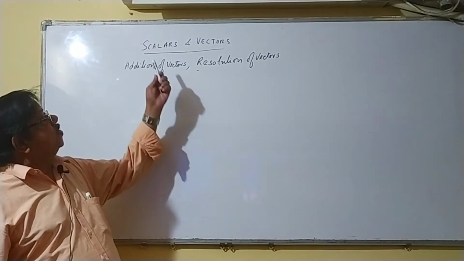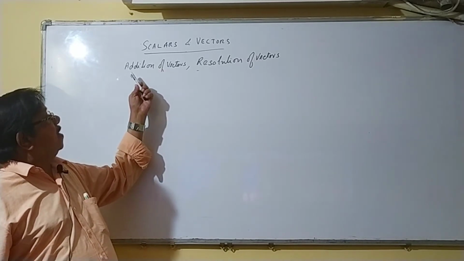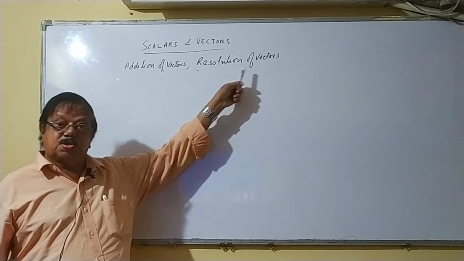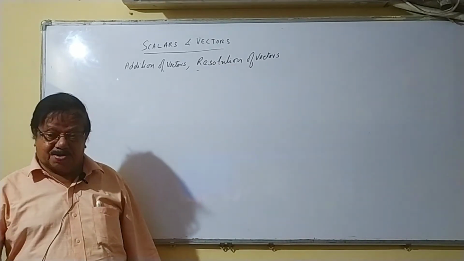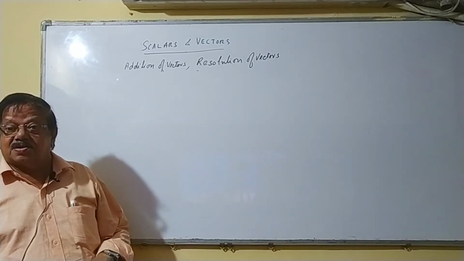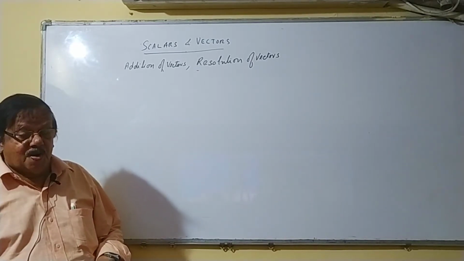Today we will cover the addition of vectors and the resolution of vectors, a new topic in vectors. In the last lecture, I told you a little bit about addition of vectors.